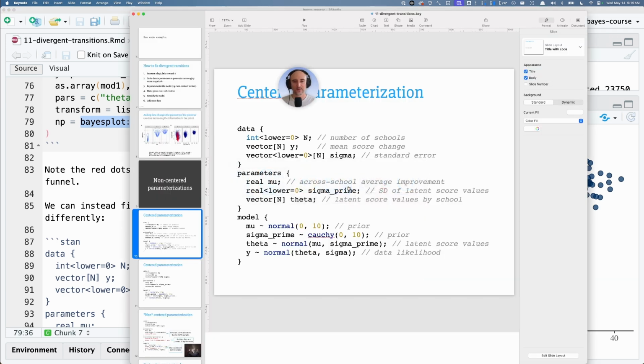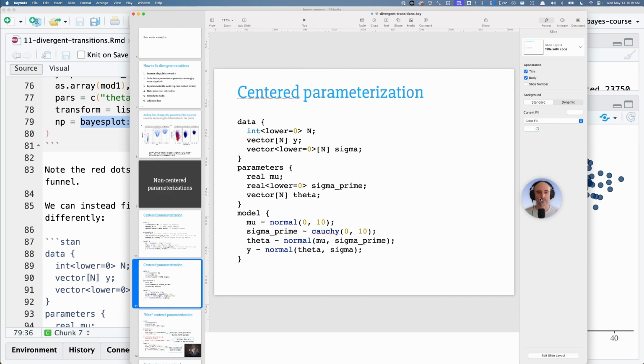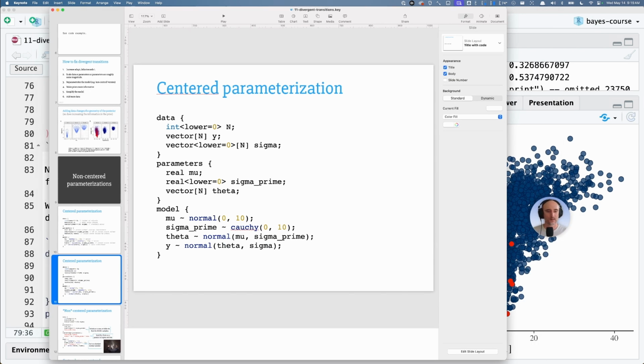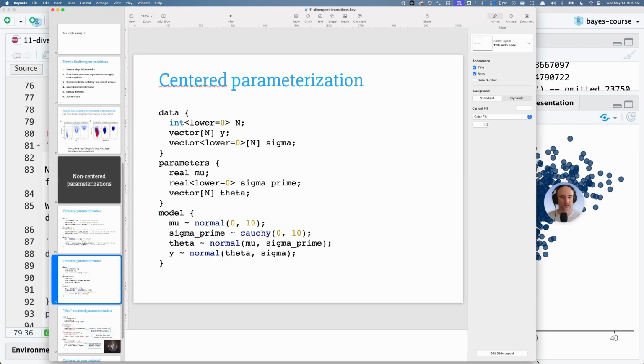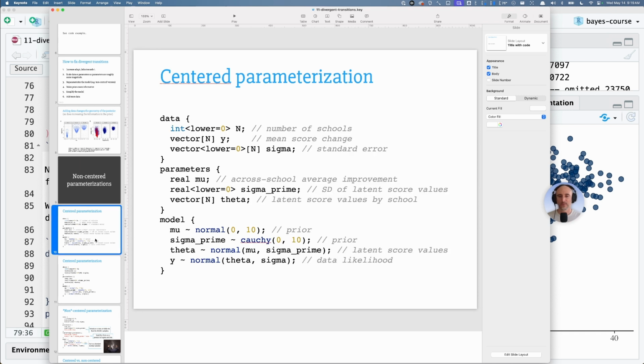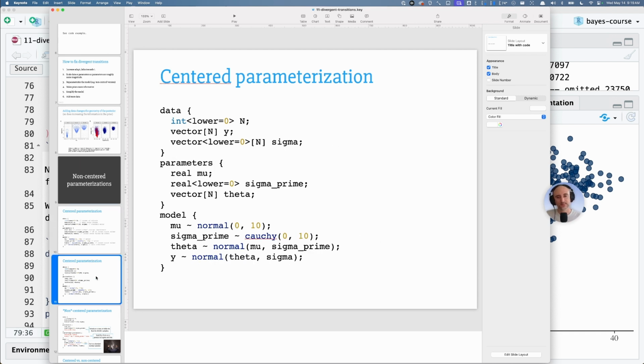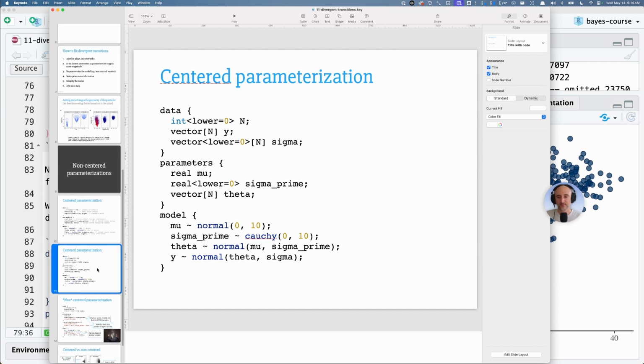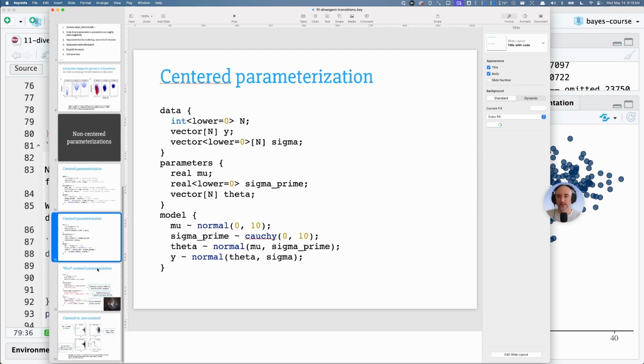Let's go back over to the slides. So this was the model that we fit. This is the same model, but I've just removed the comments from it. And in the next slide, everything that's commented and highlighted is going to be what has changed.